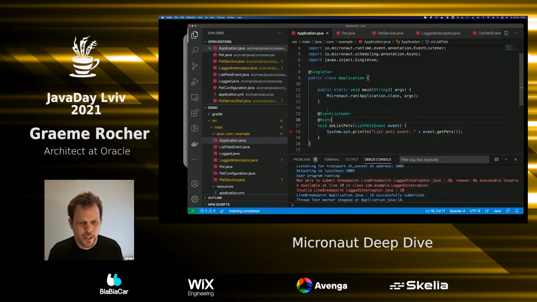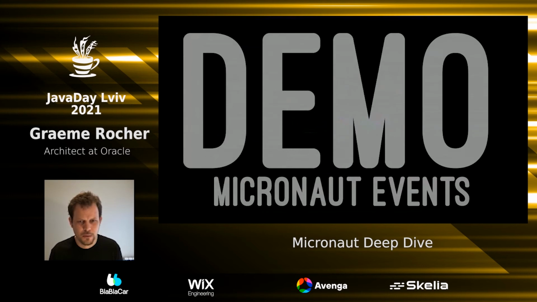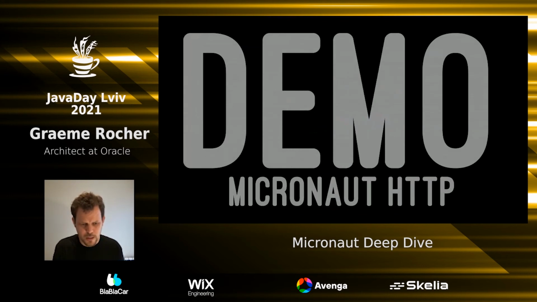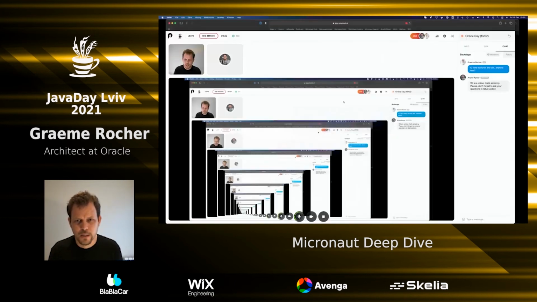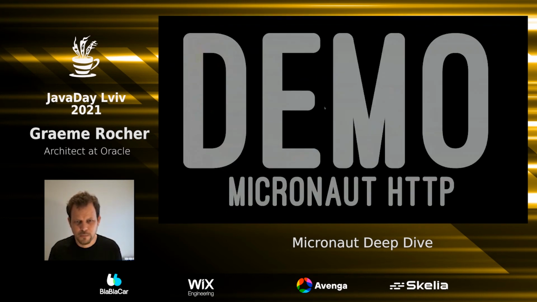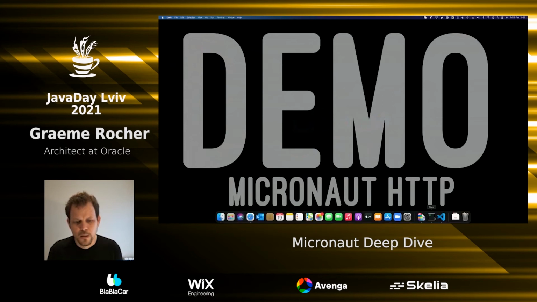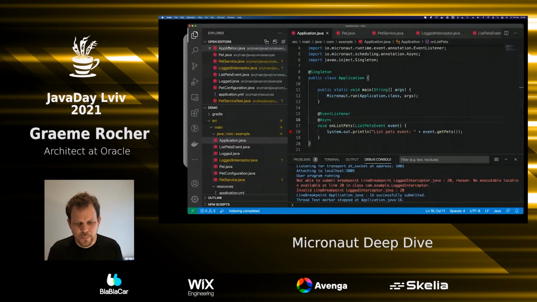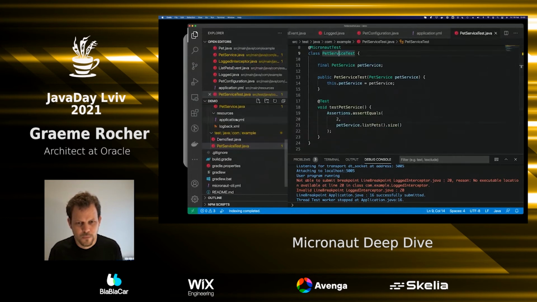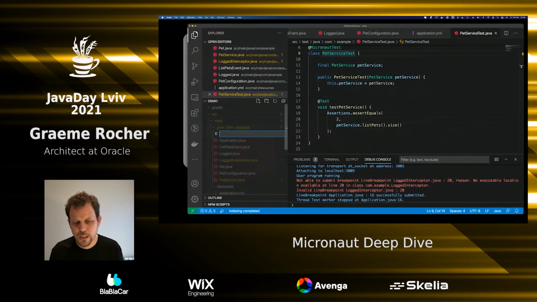If I set a breakpoint here, and once again run my pet service test, like so. I think I just ran it in debug. You see, my breakpoint is hit with my ListPetsEvent.